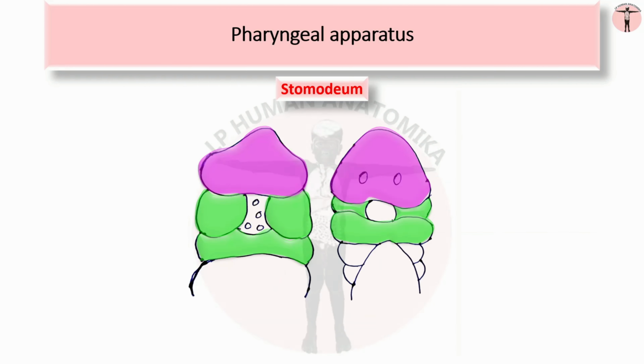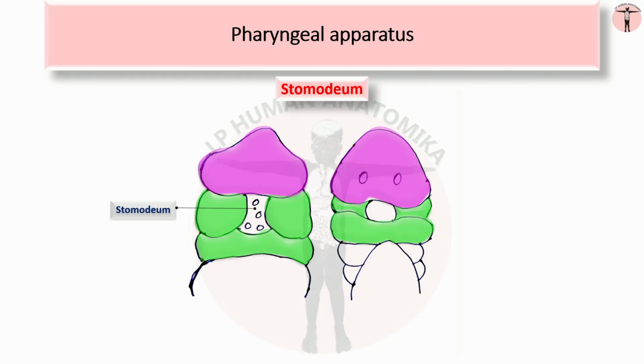The pharyngeal apparatus not only contributes to formation of the neck but also plays an important role in formation of the face. At the end of the 4th week, the center of the face is formed by the stomodeum, which initially appears as a slight depression of the surface ectoderm.